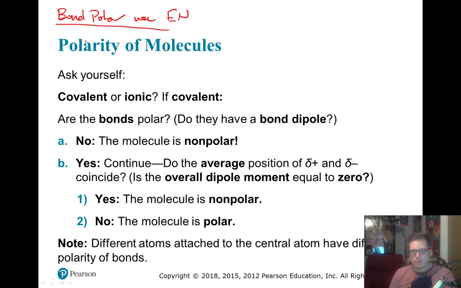Now, remember, bond polarity is just between two specific atoms, and we're just saying, is the electron density more on one atom, or more on another atom, or are they shared equally? In a molecule, though, we're looking at the whole thing, multiple atoms that are put together, and we're essentially asking ourselves the same question: are the electrons being shared equally across the whole molecule, or are they going to be more concentrated on one side versus the other?